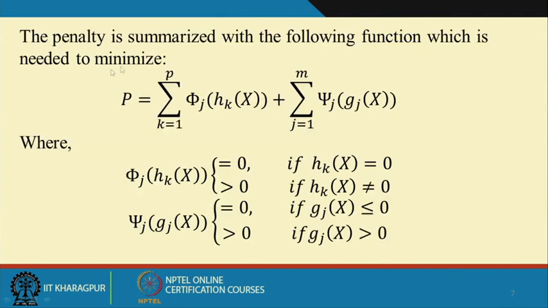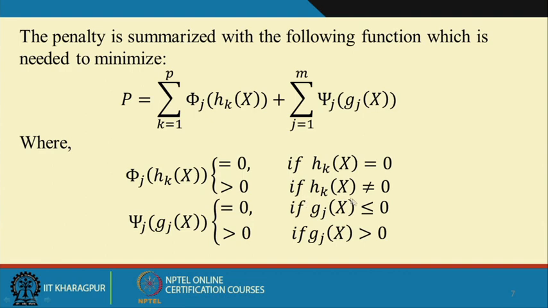That is why we can say that one function is a function of hk and another one is a function of gj. If we call one phi j and the other psi j, then phi j is equal to 0 for equality type constraints when hk(x) is equal to 0.